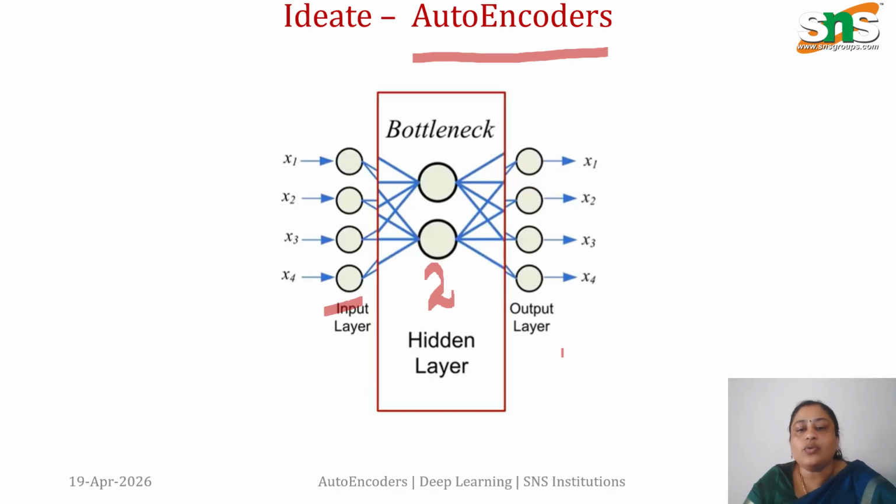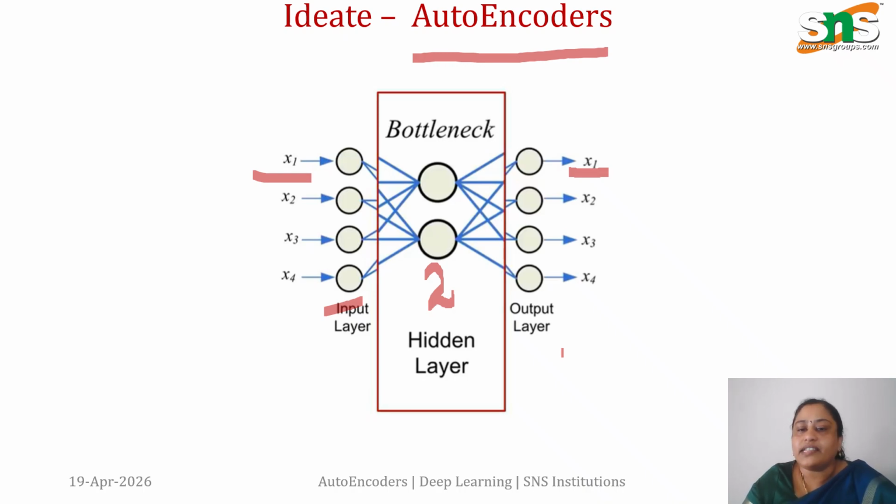In the decoder part, the output layer tries to reconstruct the original input. In the representation, you can see the input is X1, and it tries to reconstruct the same X1. That is the working principle of an autoencoder, and of the output layer.